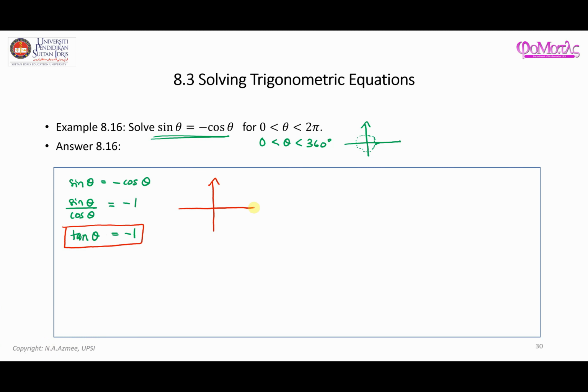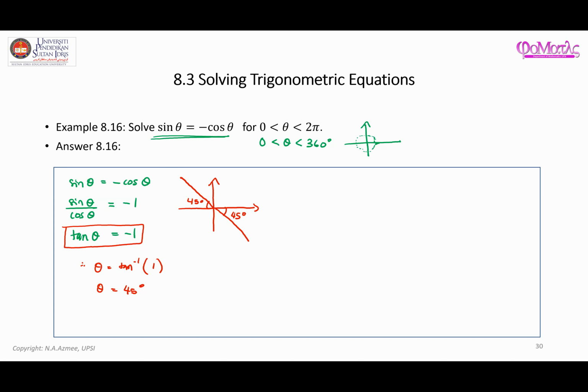Therefore, we know that theta is going to be either on this quadrant or it is going to be on this quadrant. Okay, so therefore, when you want to calculate what theta is, you don't need to consider the negative sign because negative is already being considered here by considering the position of the angle. So therefore, theta is just inverse tangent of 1, and you will get that theta is 45 degrees. So this is 45 degrees and this is also 45 degrees.